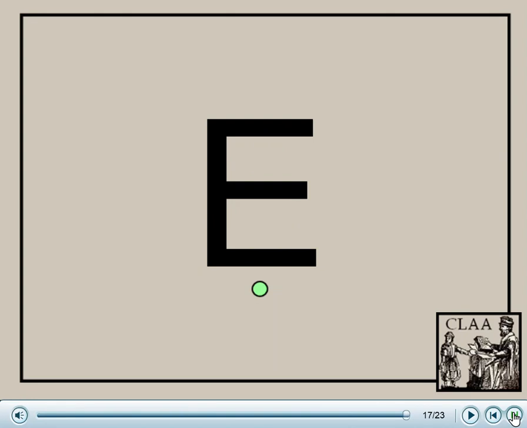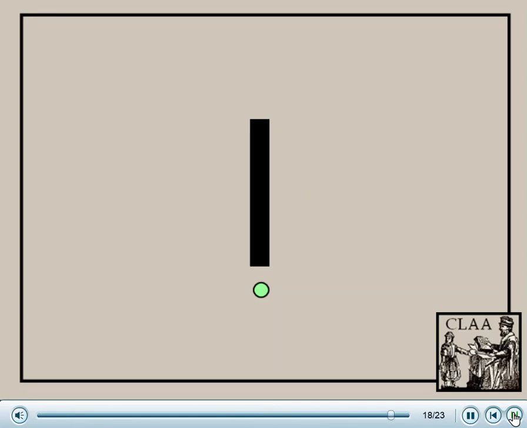Do you remember the name? This is I. Point to the green dot on your screen. Do you remember the name of this Latin vowel? This is the vowel E.